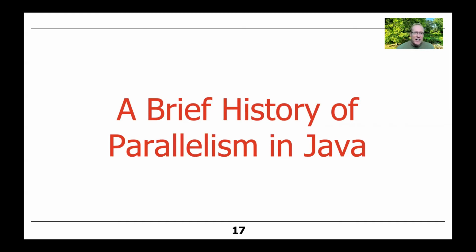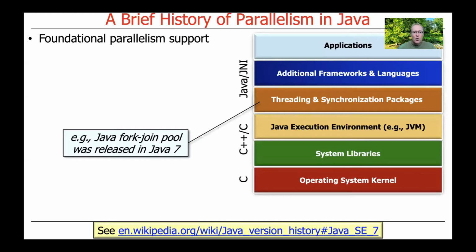In the intervening decade and a half or so, a lot of cool new things have been added to Java. One thing that happened with Java 7, which came out, I think, in the 2010-ish timeframe, was support for the fork join pool framework. And this is the beginning of the parallelism support.